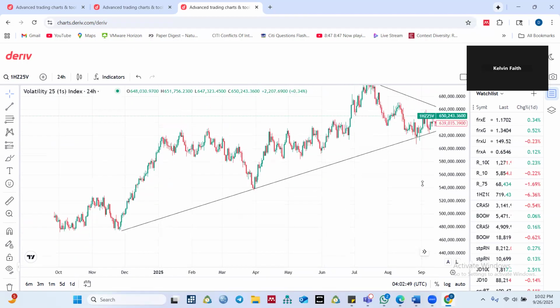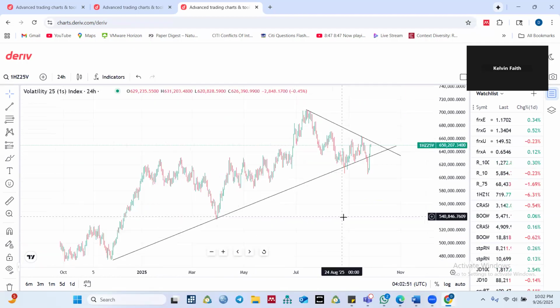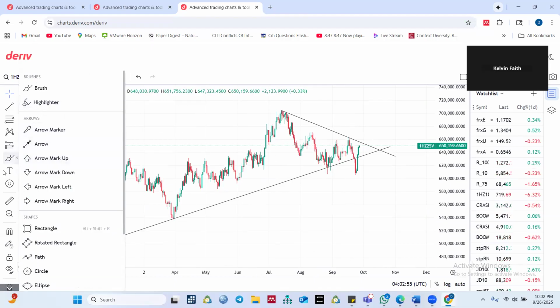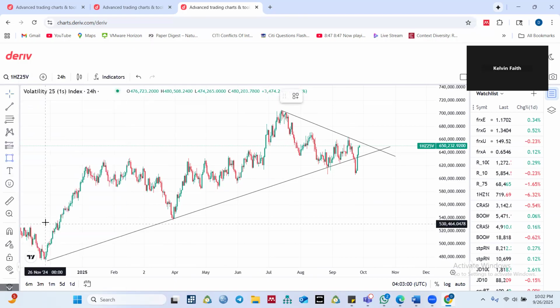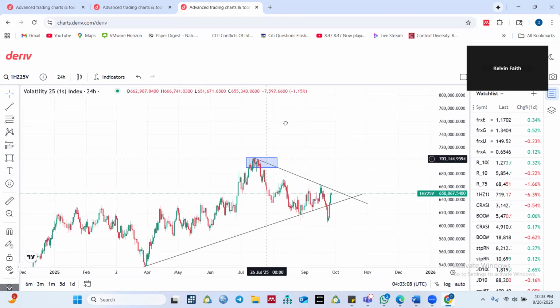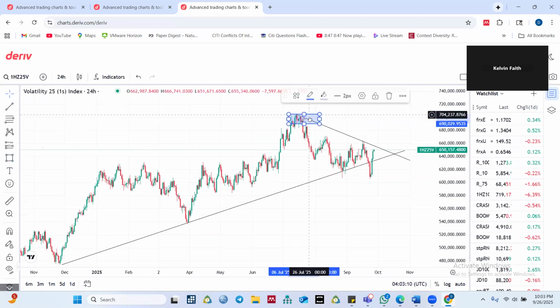But what is the last low that gave us this high? These are questions that I ask myself that help me understand the structure of the market. So this is the high. What is the last low that gave the high?